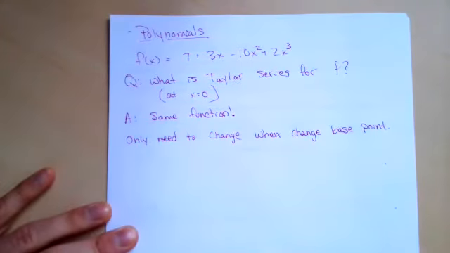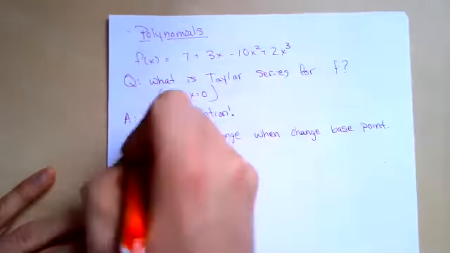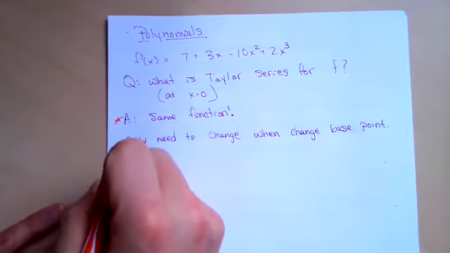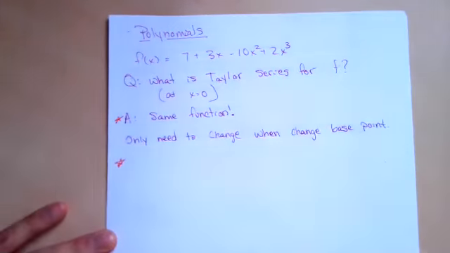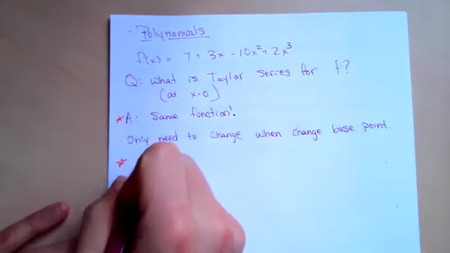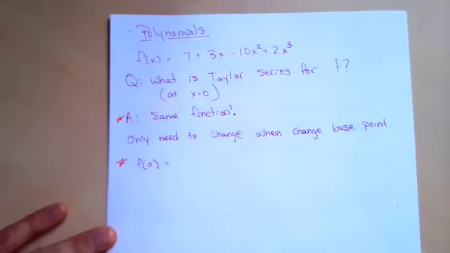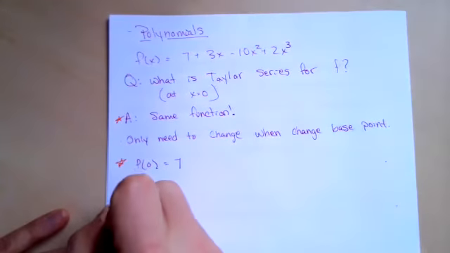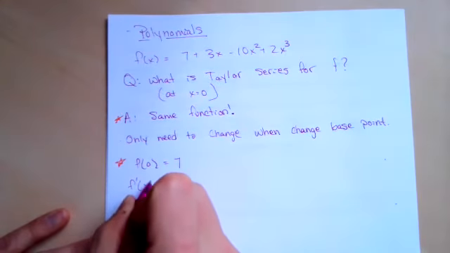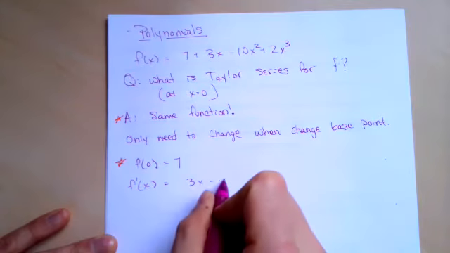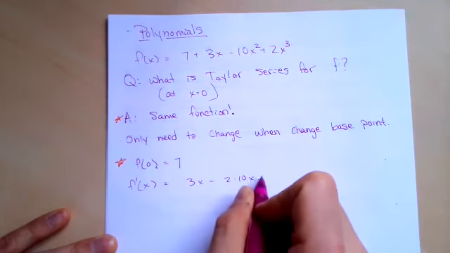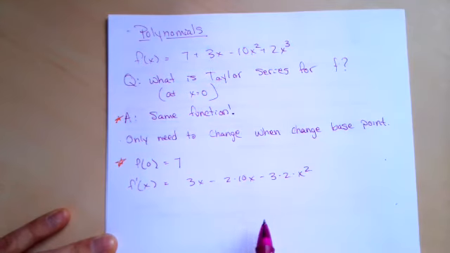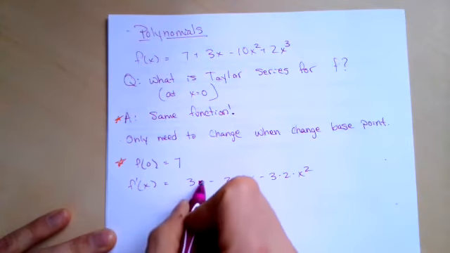Let's go through this first part and justify it first, though. Right, what's going to happen if I compute f of 0? I have zeros in for x, and I get my constant term. And when I take my derivative, sorry, that should have just been a 3.